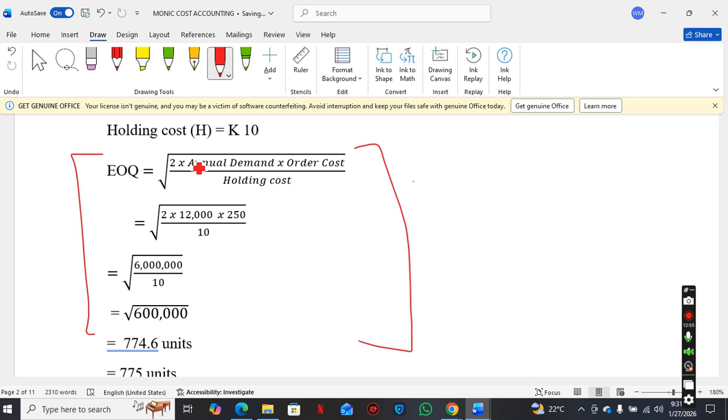Holding costs, there's aspects of theft, aspects of maybe items expiring. That's holding cost. Yes, maybe you can insure your goods against theft. That insurance cost on your goods would be part of the holding cost.